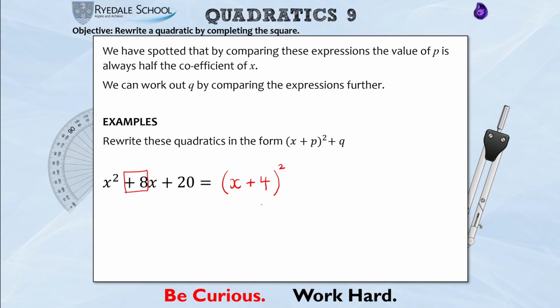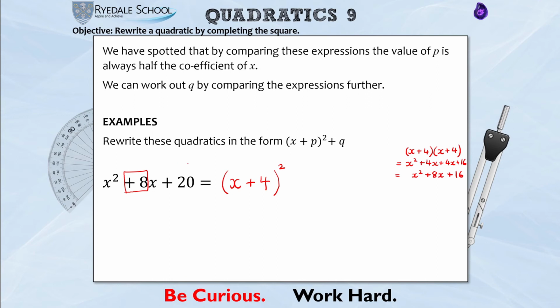Well, what I'm going to do is see what I already have by doing a little extra calculation over here. I've written down that this is (x plus 4) squared. And if I multiply this out with FOIL, you will see that I get x squared plus 8x plus 16.